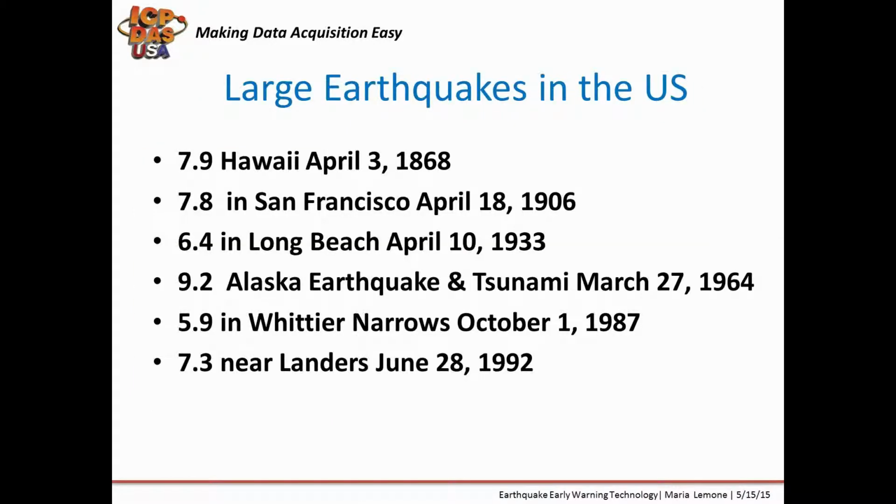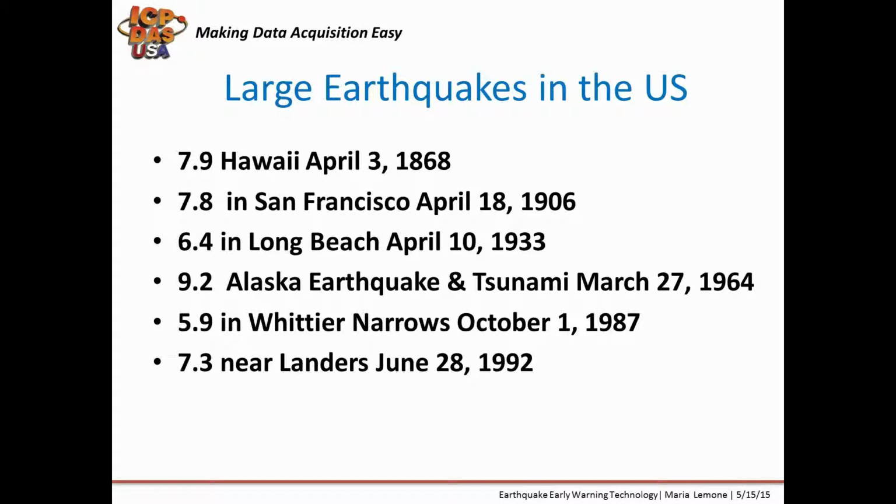Some big earthquakes in the U.S. include the 7.9 earthquake and tsunami in Hawaii, which took 123 lives and caused a landslide that knocked most wooden houses off of their foundations. The 7.8 in San Francisco on April 18, 1906 caused a lot of fires, took 3,000 lives and caused $524 million in property loss.